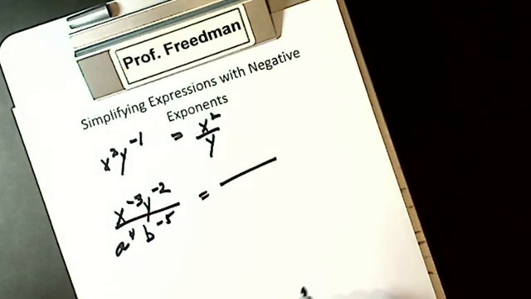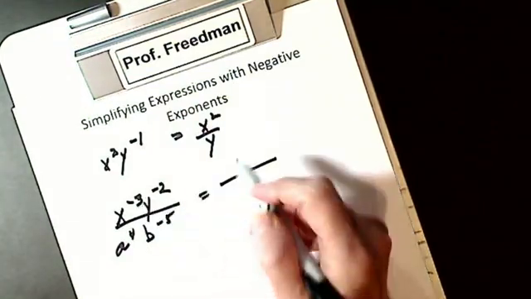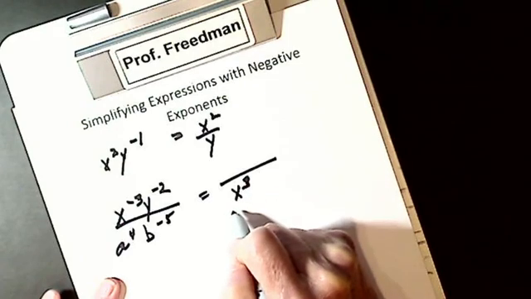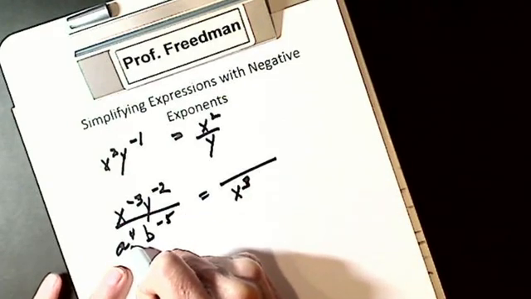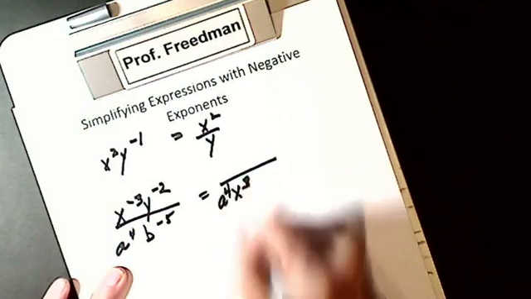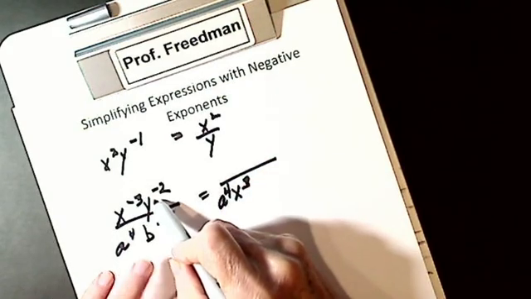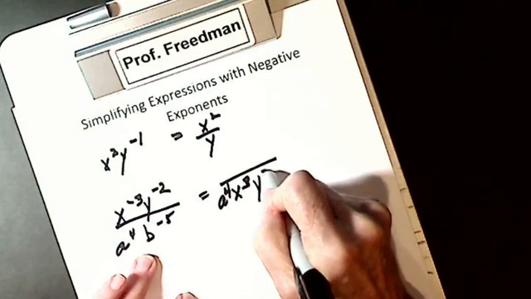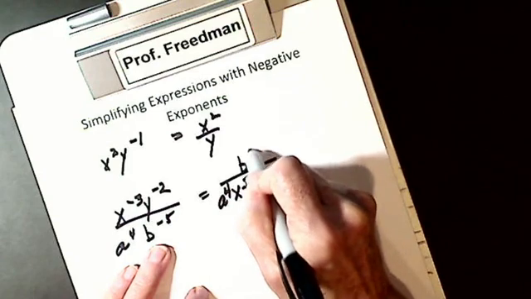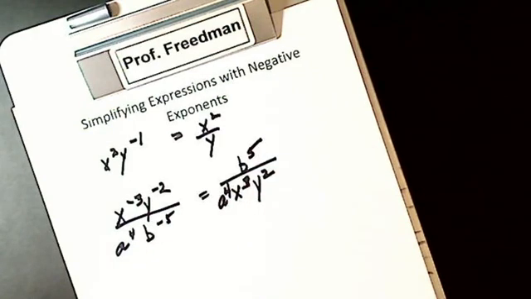So now, x to the minus 3 becomes a denominator. So now x to the 3rd switches. A to the 4th is positive. I should have written it in the front, but a to the 4th will stay. Y squared now becomes a denominator. B to the 5th is negative. It becomes a numerator.